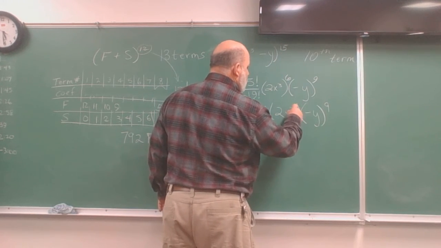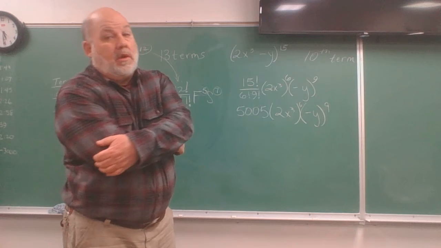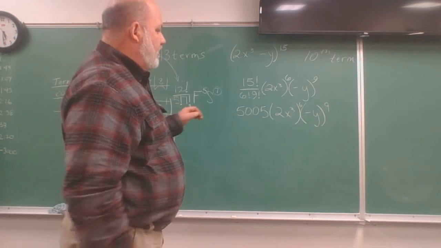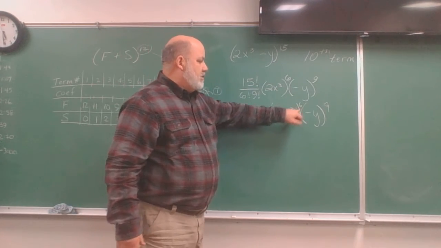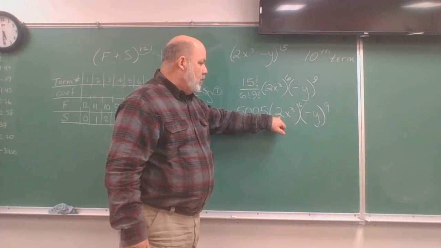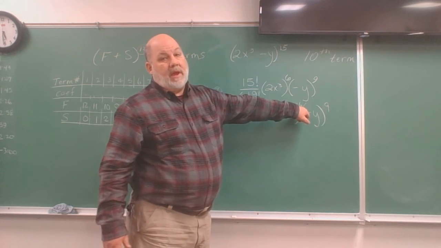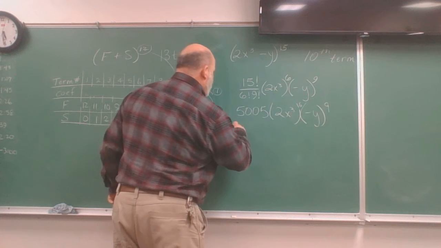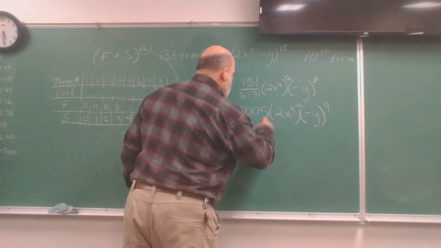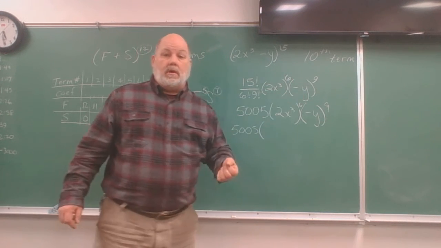But that is not my final coefficient. Because if we look at this, this isn't just x cubed to the 6th power. This is 2 to the 6th power also. So this is 5005 times, well, what's 2 to the 6th power?